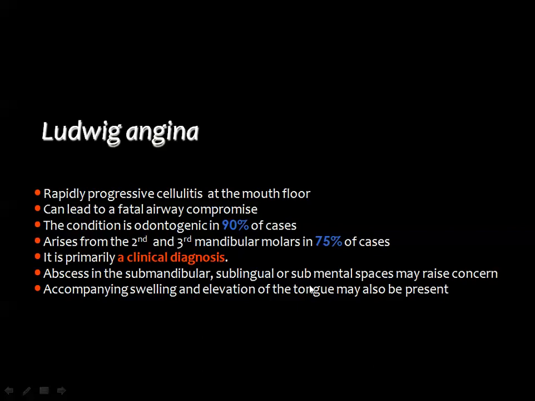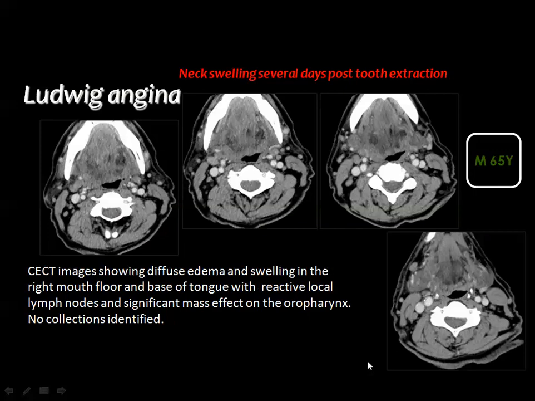Usually, we do not need the help of imaging to diagnose Ludwig angina, since this is primarily a clinical diagnosis. But sometimes we may need the help of CT or ultrasound to assess the extension of the inflammation and to assess the presence of abscesses which may need surgical drainage.